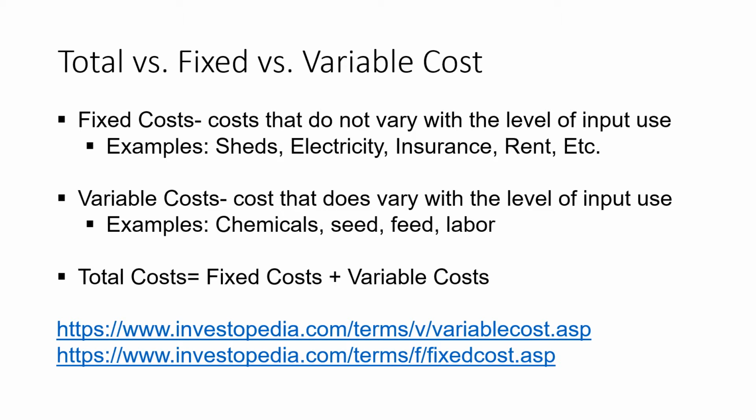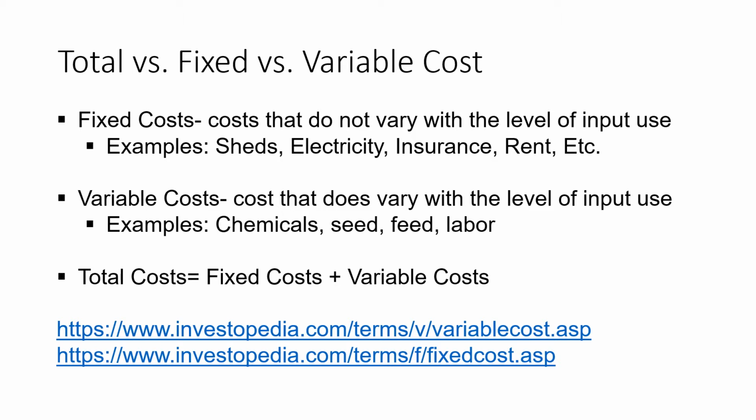Some examples of fixed costs are that building, that factory, whether they're making 200 cookies or 2,000 cookies. The fixed costs would be the costs of the electricity that it uses to keep the lights on, potentially costs of rent of the building, cost of insurance of the building, and things that are going to stay constant no matter the number of cookies that are being produced.